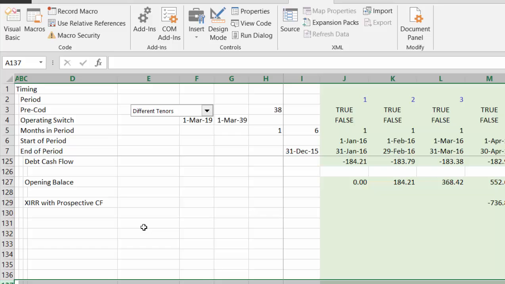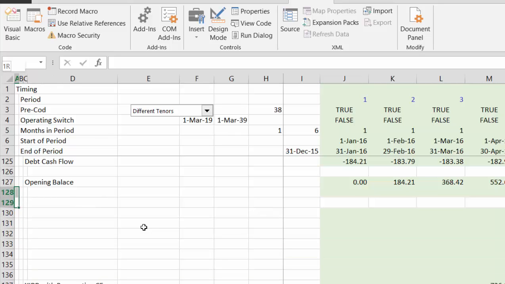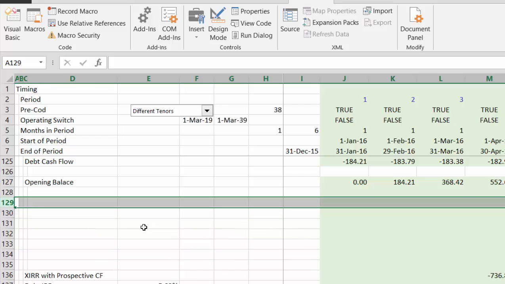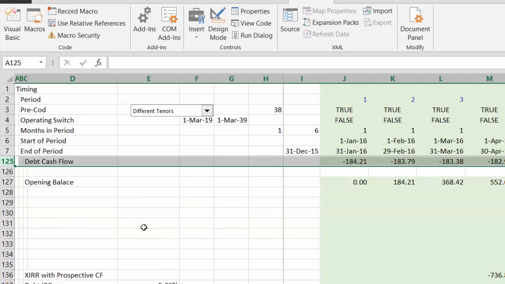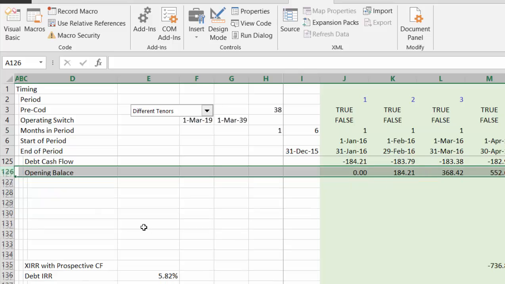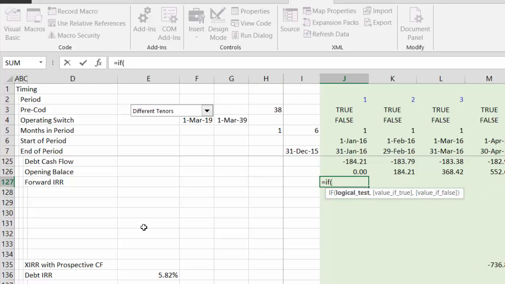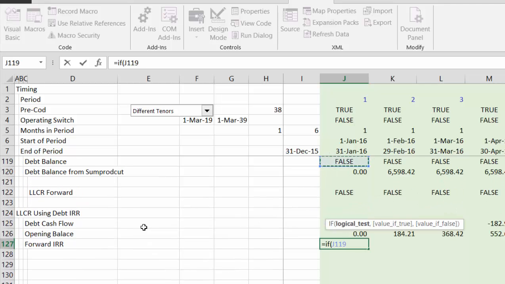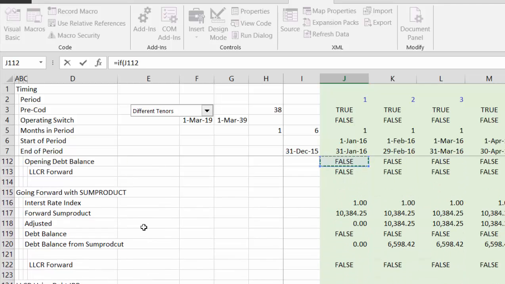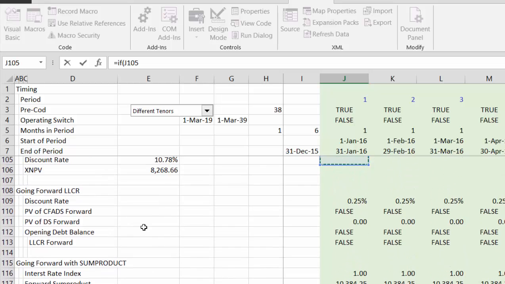Okay, those are just our messing around lines, and now let's finish this. So all we need really is the debt cash flow and the opening debt balance, and then we get the forward IRR, and we can just use our function to compute that forward IRR, and let's only compute it when the debt balance exists. So the very last thing we're going to have to do is compute two LLCRs.